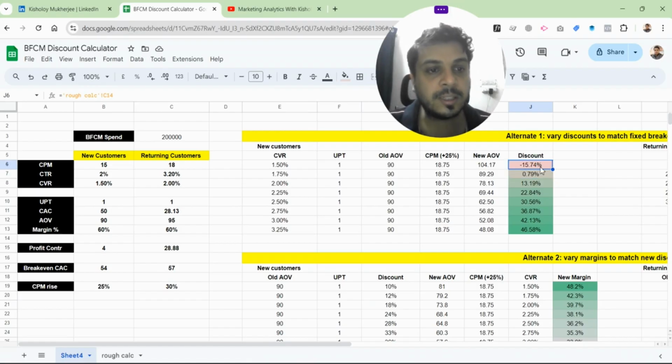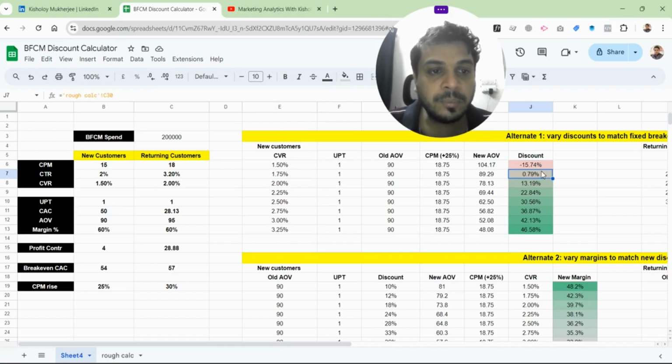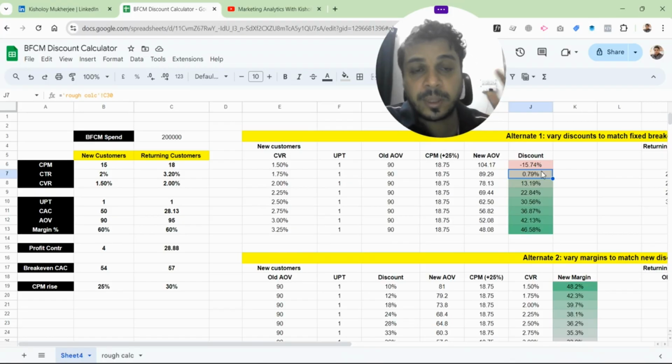So the acceptable discount rate at which the break-even margin is going to be arrived at might actually be somewhere between 1.5 and 1.75%, right? Because we already have a 0.79% discount possible to break even in this example. So that's why you want to have a distribution, and this is basically the simplest way.